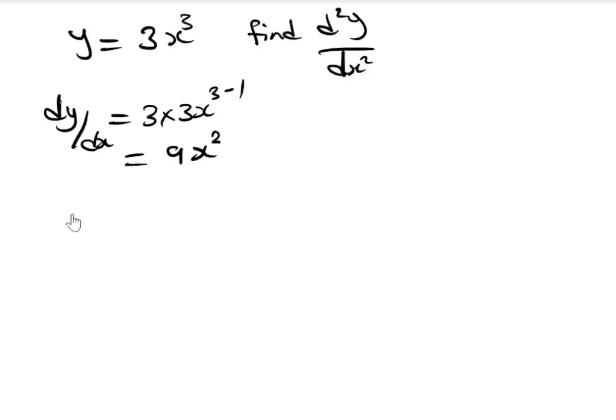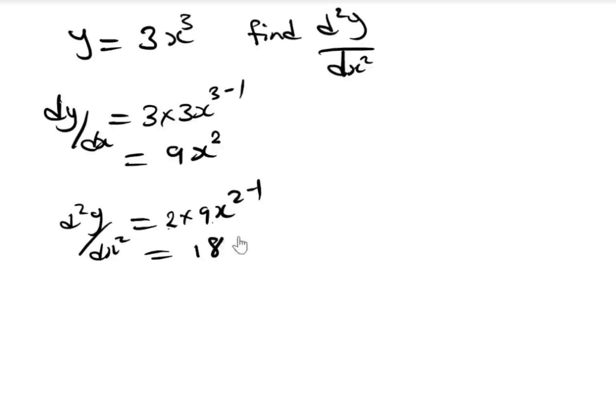So d squared y by dx squared now will be equal to the power of x here is 2, is 2 multiplied by 9x, 2 minus 1. This is equal to 2 multiplied by 9 will give me 18x, 2 minus 1 is 1, and this will be equal to 18x.